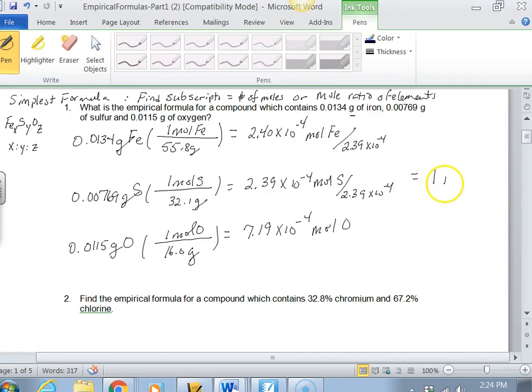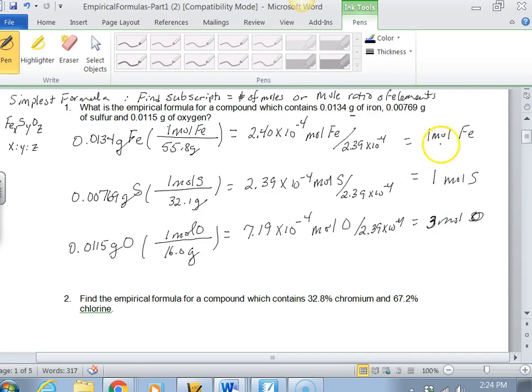So that would be 1 mole of sulfur. And divide this one also by 2.39 times 10 to the negative 4th. That's 3 moles of oxygen and 1 mole of iron when we do the division.